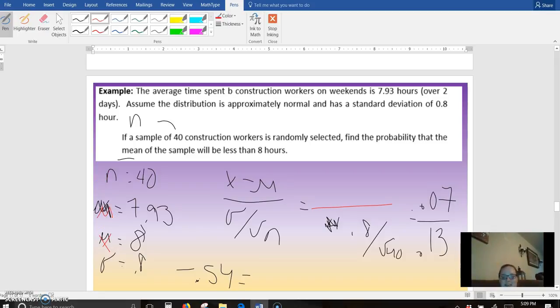Okay, 8 is the thing we're looking for. I am so silly. So positive. All right, so we get positive 0.54. So 54%. For the sample of 40 construction workers, the probability that the mean of the sample is less than 8 hours is 54%.